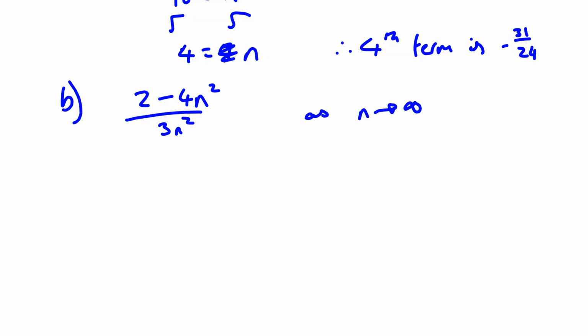Now, as n tends to infinity, both the n squared terms are going to get very, very big, but this 2 is going to become insignificantly small. So as n tends to infinity, this is going to tend to minus 4n squared over 3n squared. The 2 becomes insignificant. So here we can now cancel the n squareds. So our limiting value is going to be minus 4 over 3.